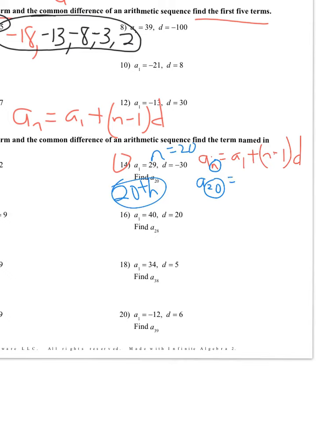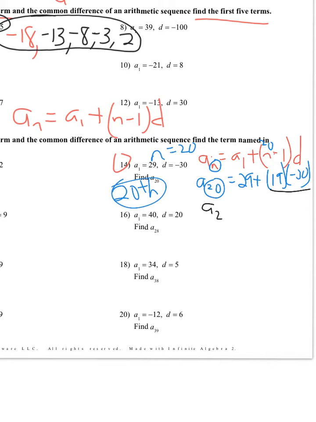So I could say it's going to be A1, which is 29, plus n minus 1. Now if I put 20 in there, 20 minus 1 would leave me with 19, times d, which is negative 30. And then I just have to evaluate the right-hand side here. Obviously, I have to multiply first.